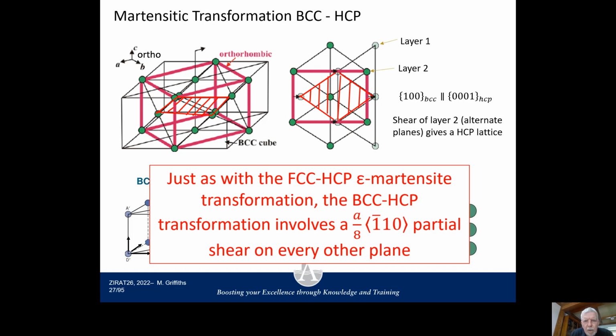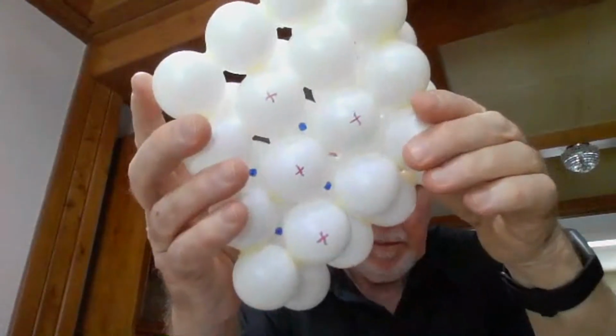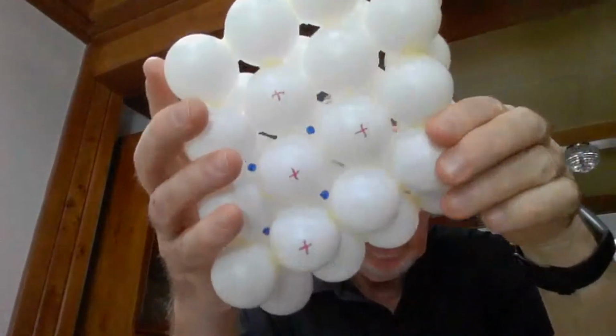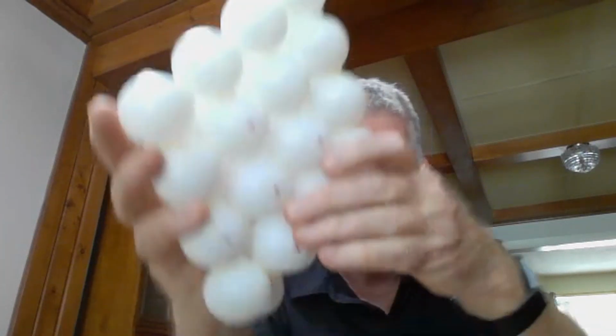So let me just stop presenting so I can illustrate that. Here we have that same diagram, and I've marked the A and the B layers. If I get this correctly, as they are in the diagram.